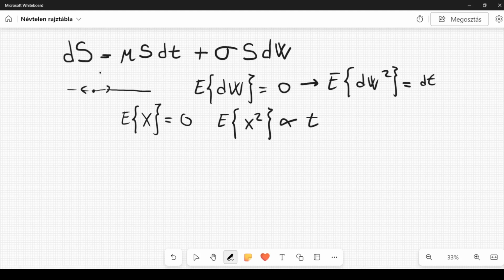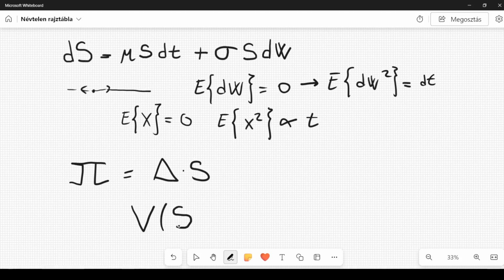And then we want to construct the portfolio. A portfolio Pi. Let's assume that we have a certain amount delta of stocks. So delta times S will be the value of our portfolio. But now let's also assume that we want to purchase some options, and the price of the option will be V, and the price of the option depends on the underlying asset, which in this case is the stock.